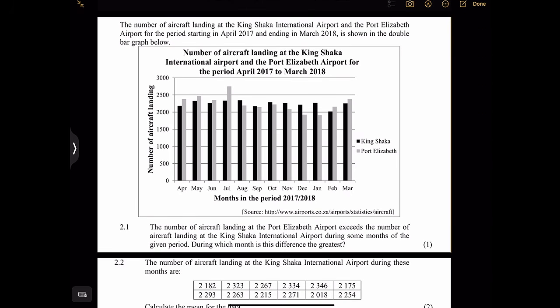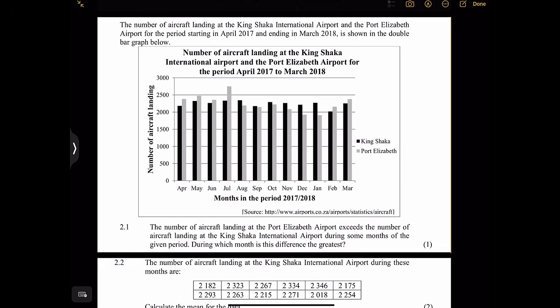So what we want to do in this bar graph is just take information from it. They've given you information from April up until March the next year. Now, what they ask us there is the number of aircraft landing in the Port Elizabeth Airport exceeds the number of aircraft landing in King Shaka International Airport during some months of the given period. They say, during which month is the difference the greatest?